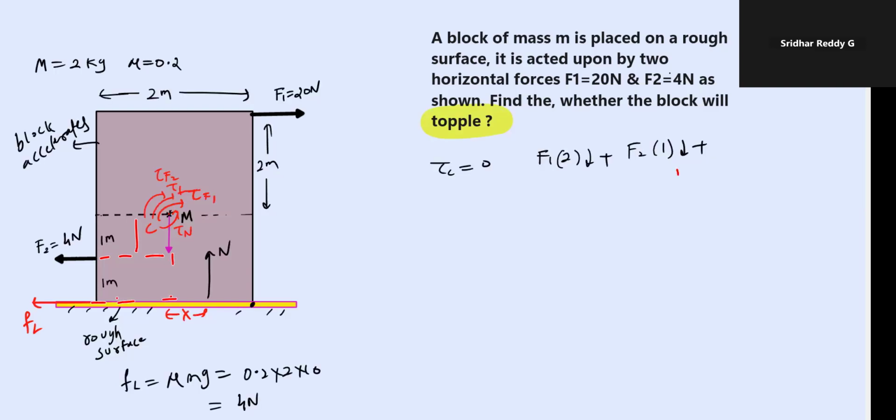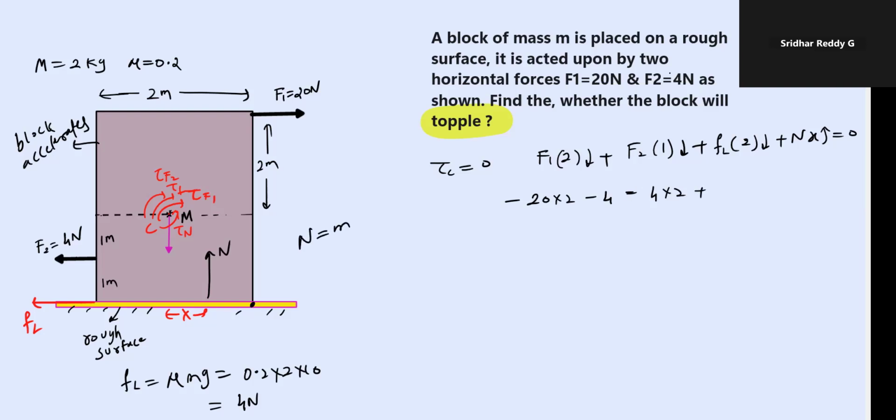Then torque due to normal reaction. Torque due to applied force 20 into 2, clockwise torque we take negative, plus F2 which is 4 into 1, minus 4. Frictional force 4 into 2, this also negative.